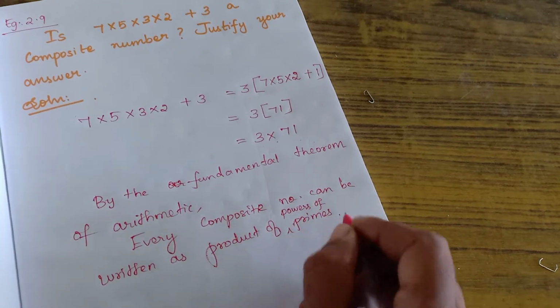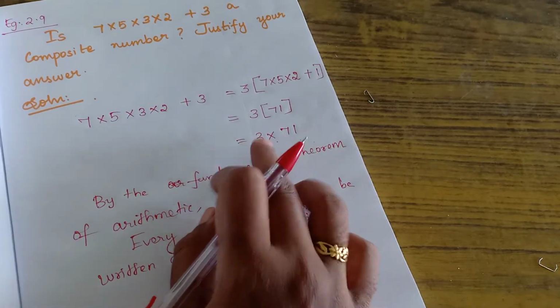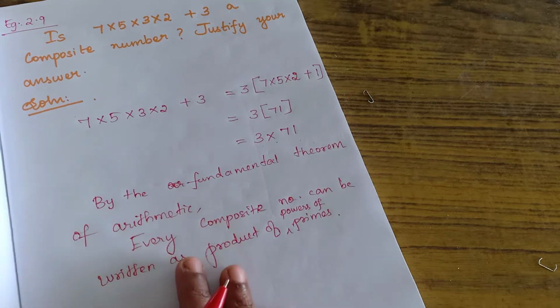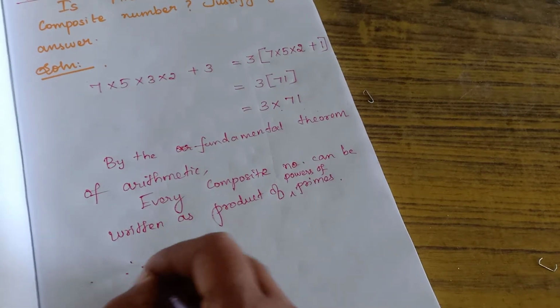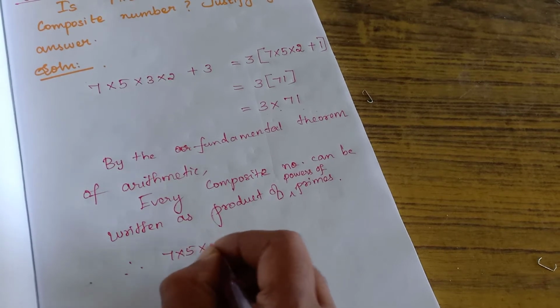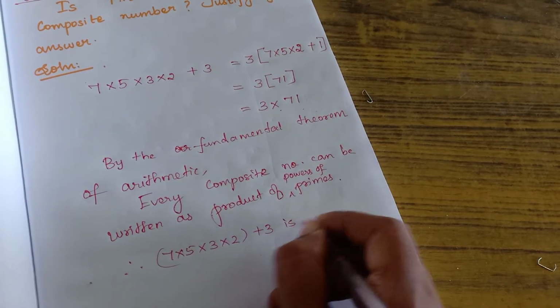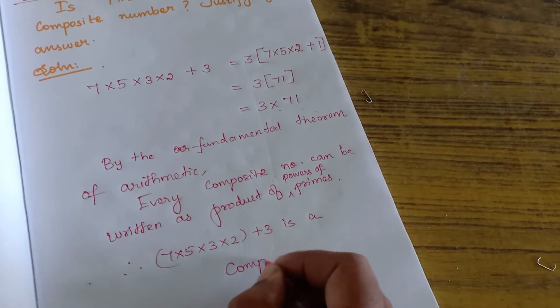Product of powers of primes. So here, 2 prime numbers, product. So the resulting answer must be a composite number. Therefore 7 into 5 into 3 into 2 plus 3 is a composite number.